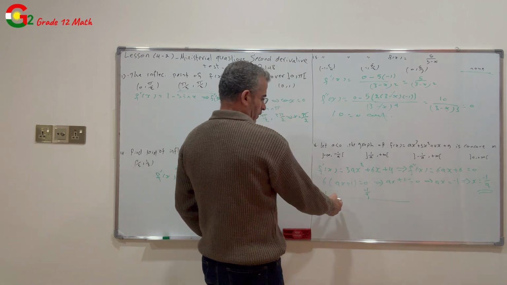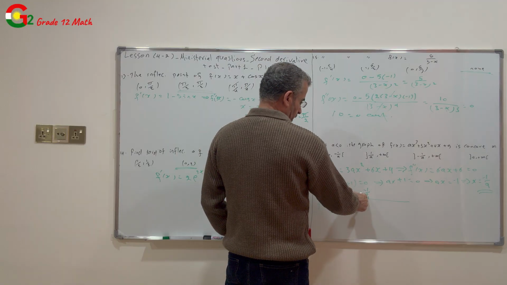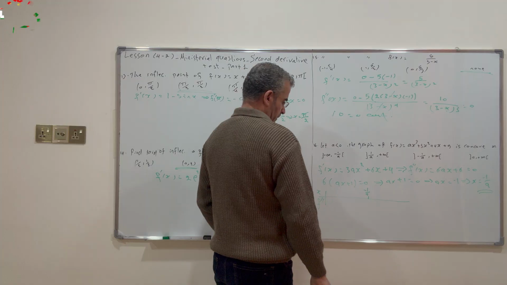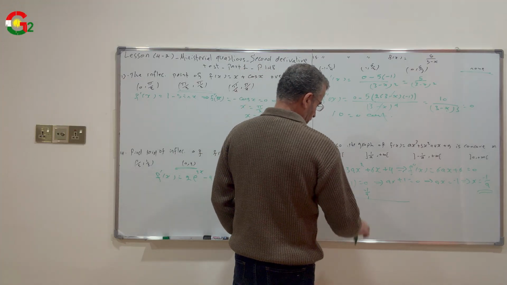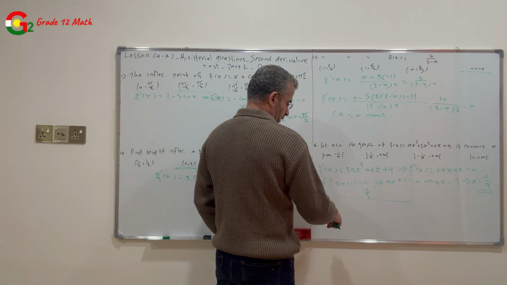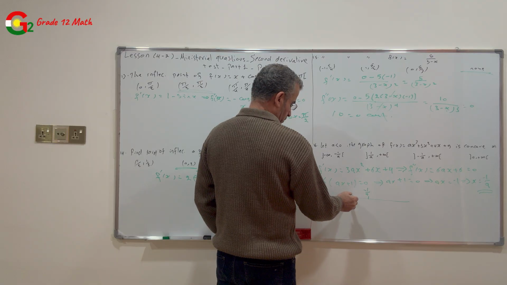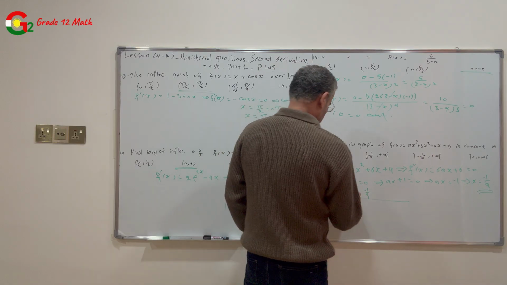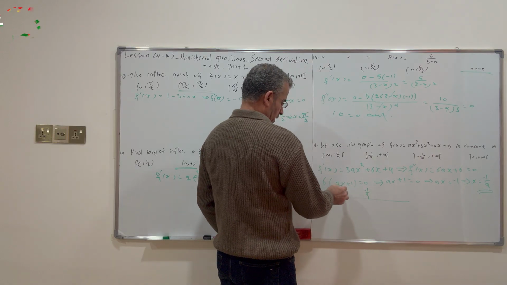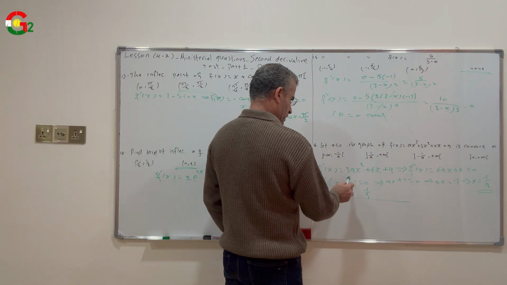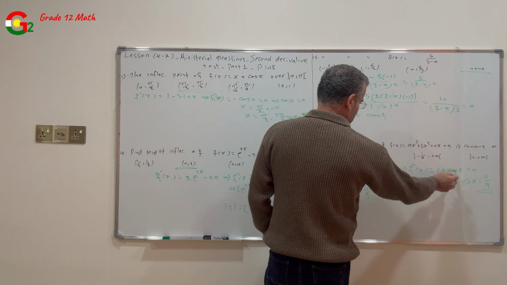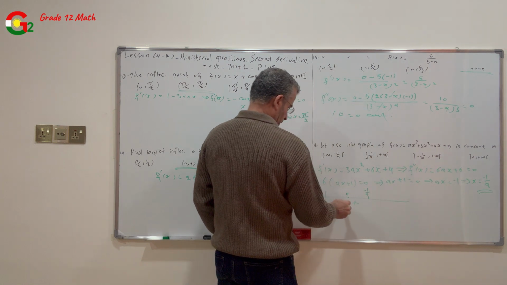Before negative 1 over a is negative, then negative over negative is a positive value, then you can take 0. 0 is less than any positive value. Substitute 0 in the second derivative, 6a times 0, 0 plus 6, it is a positive value.